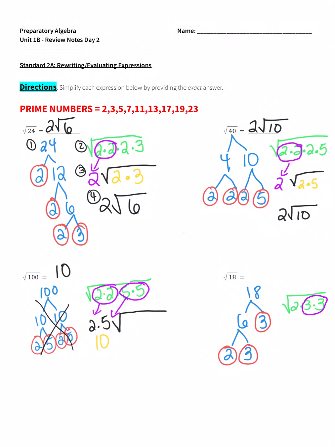And then I draw a new square root symbol. I have 2 3s on the inside. That equals 1 3 on the outside. And what's left in here is the number 2. So 2 would go inside. And there's nothing left to multiply, so my answer would be 3 square root 2.